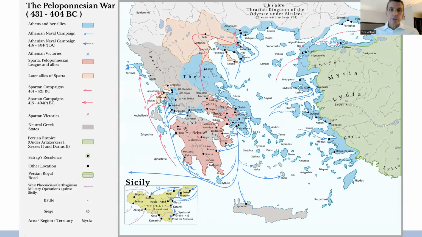So you can see in blue and in burgundy the two sets of allies. Athens and her allies in blue, and then in burgundy, Sparta and her allies, effectively fighting for nearly 30 years on and off. And we see Sicily inset there on the map.